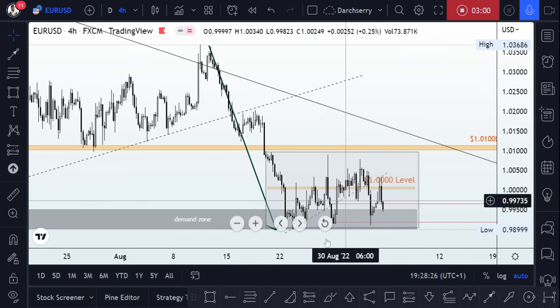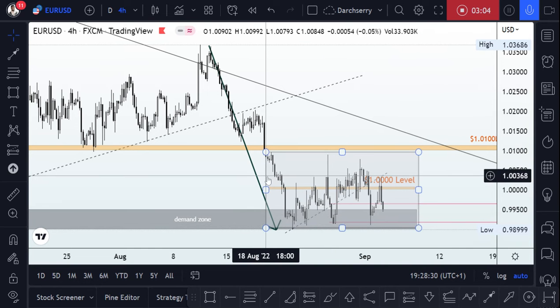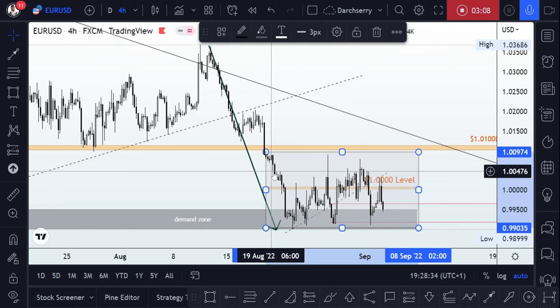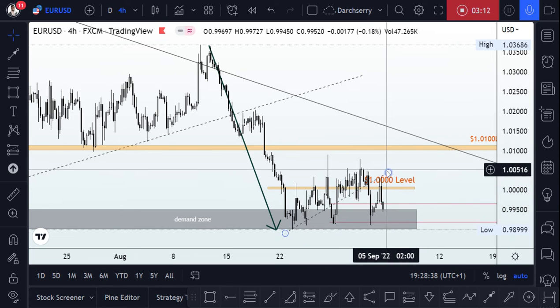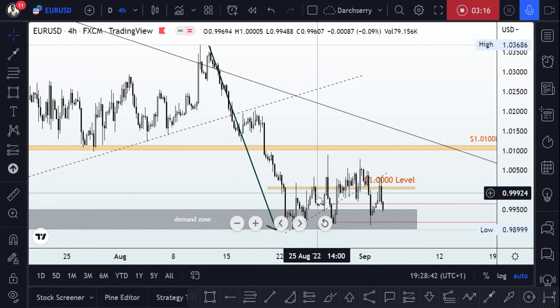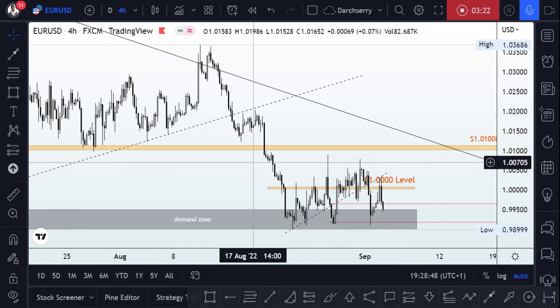So we can see we are within a rectangle right now, and it's quite tricky how we might take advantage of any potential opportunity on this pair. With the indecision identified within this area, I'm of the opinion that participants in this market are looking forward to a catalyst that will signal where price is going.